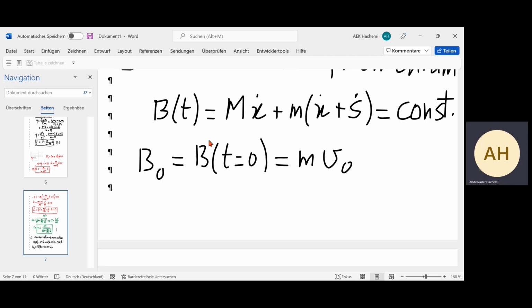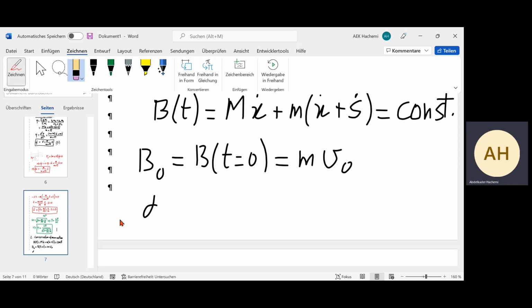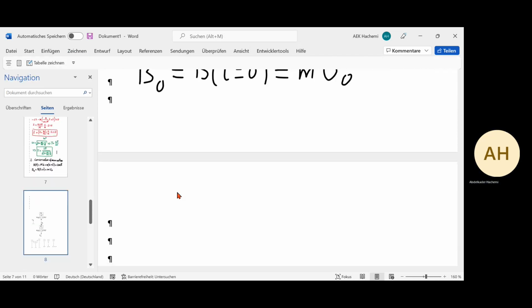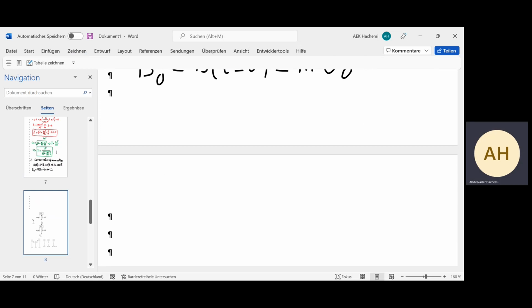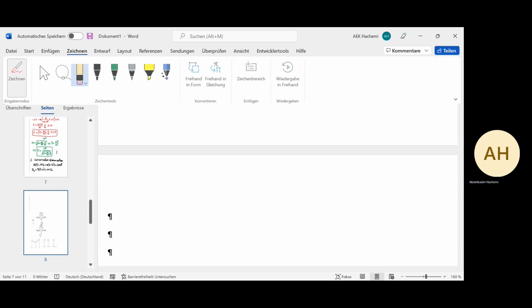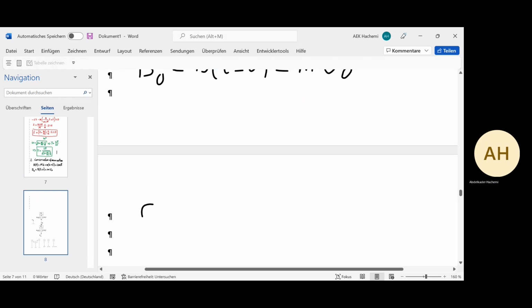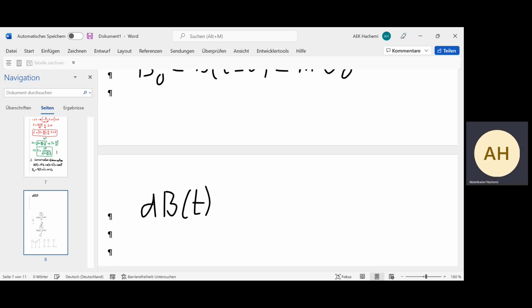Here now, if we take the time derivative, I will write it down. We take the time derivative dB over dt.